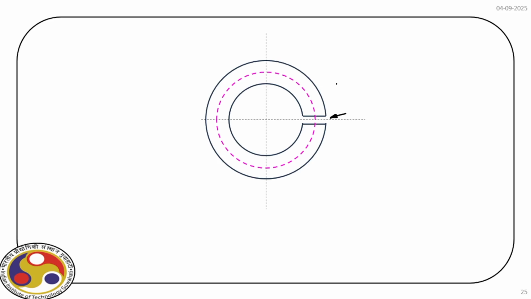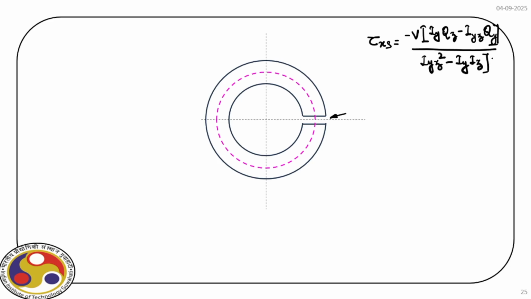Now, first thing, if you recall the expression we derived, tau xs is equal to minus V times Iy Qz minus Iyz times Qy, divided by Iyz square minus Iy Iz, times t.